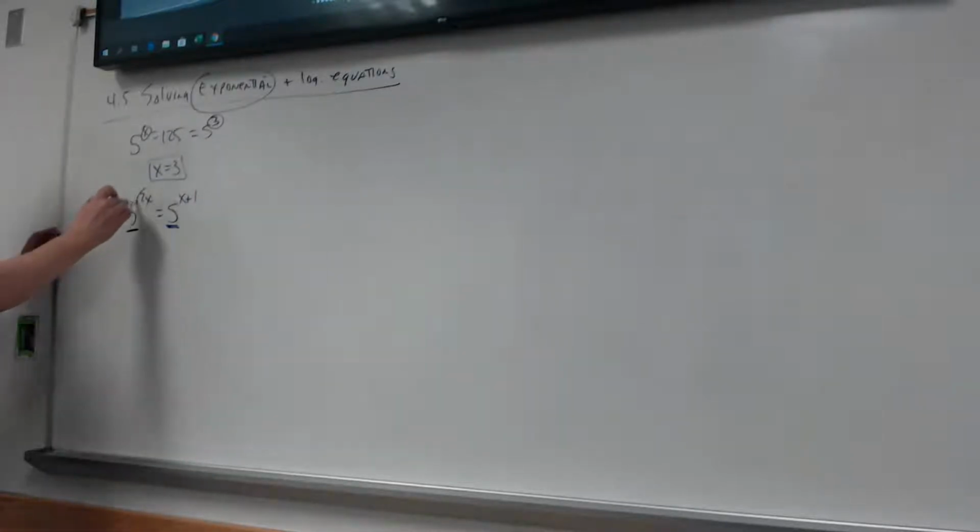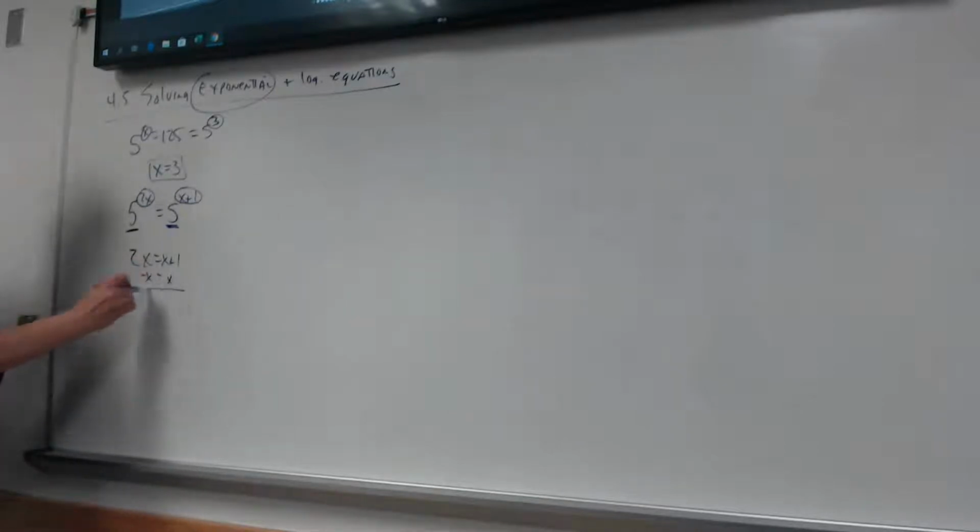They're both base 5. So if they're the same base, don't the exponents have to equal each other? So I can just set the exponents equal to each other. So 2x equals x plus 1. And how would you solve that? Minus x. So I would get x equals 1.